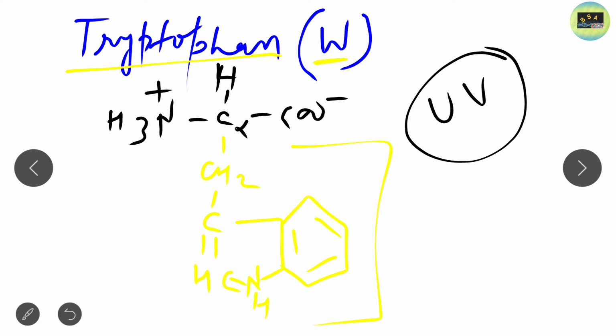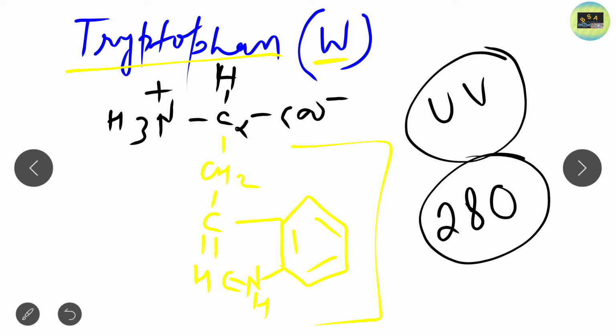Another important thing about tryptophan is that it is the only aromatic amino acid that absorbs UV light at 280 nanometers. So it can absorb UV light at 280 nanometers. So this is all about tryptophan.